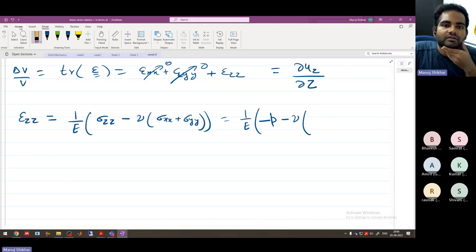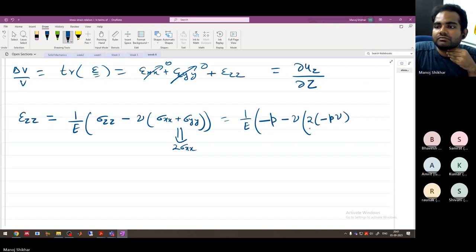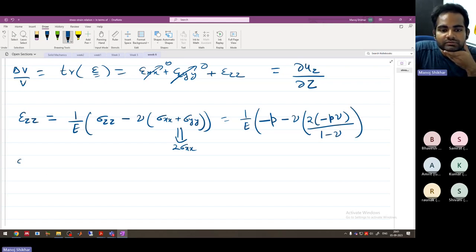Since sigma xx and sigma yy are equal, we can replace this by 2 times sigma xx. So 2 times minus p into nu divided by 1 minus nu. Okay, so epsilon zz is what? Let's take this minus sign outside.